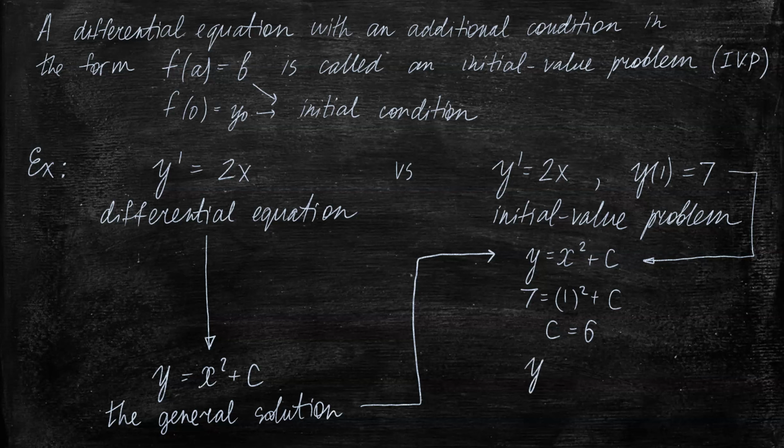So the final conclusion is that y is equal to x squared plus 6 is a particular solution that satisfies the initial condition, and therefore this is a solution of this initial value problem. So once again, when we solve the initial value problem, we shouldn't have any parameters or constants. We should be able to find a particular solution.